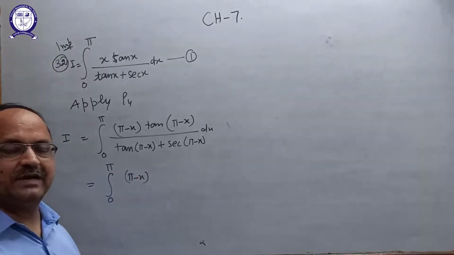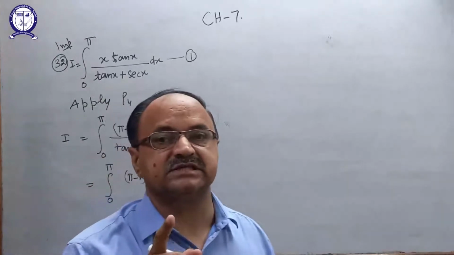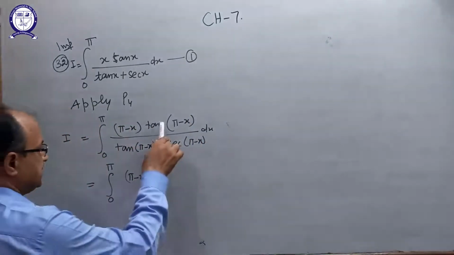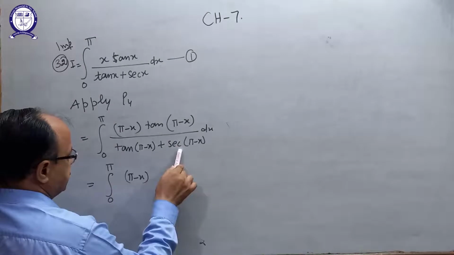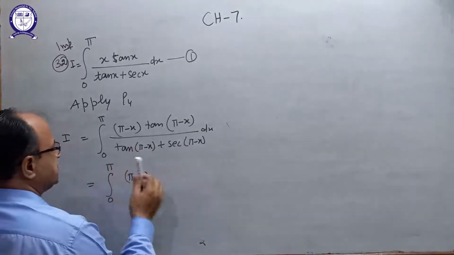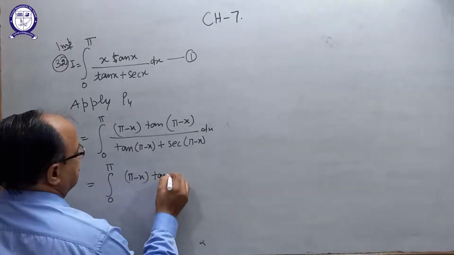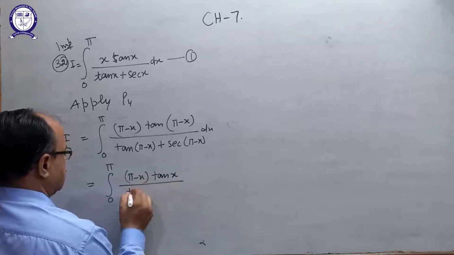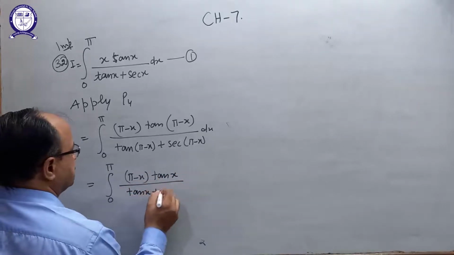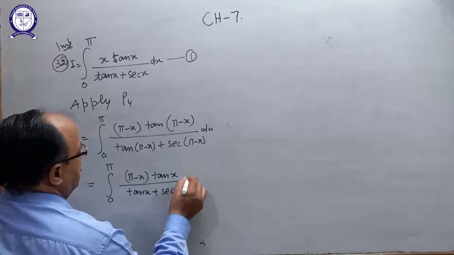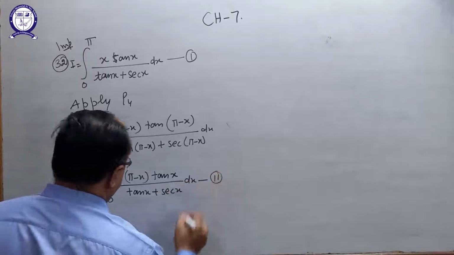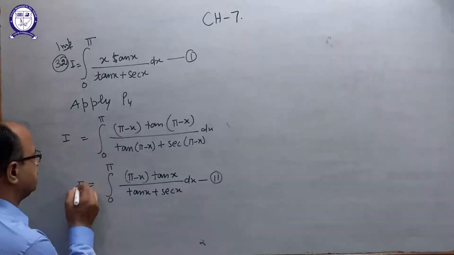You know, tan (pi minus x) is minus tan x, and sec (pi minus x) is minus sec x. Minus common, then minus will be cancelled. That is (pi minus x) tan x upon (tan x plus sec x). This is the second equation.